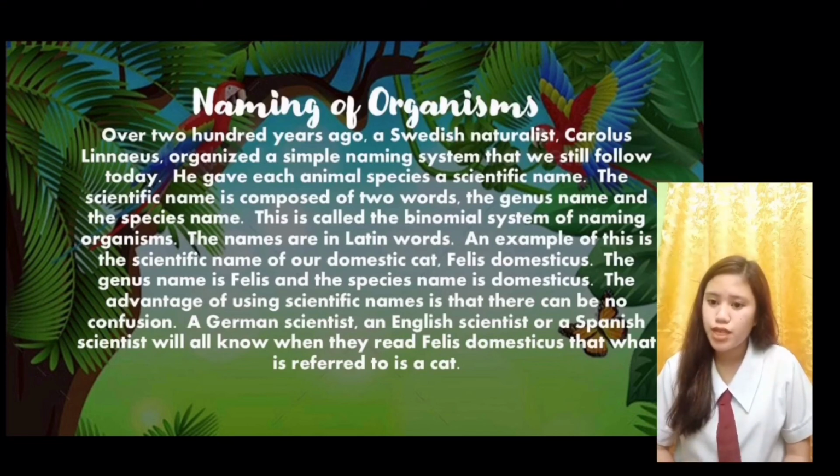An example of this is the scientific name of our domestic cat, Felis domesticus. The genus name is Felis and the species name is domesticus. The advantage of using scientific name is that there can be no confusion. A German scientist, an English scientist, or a Spanish scientist will all know when they read Felis domesticus that what is referred to is a cat.